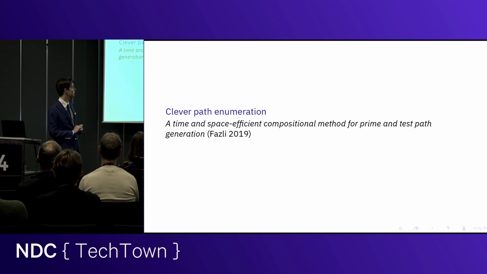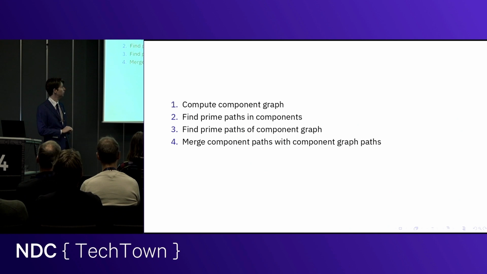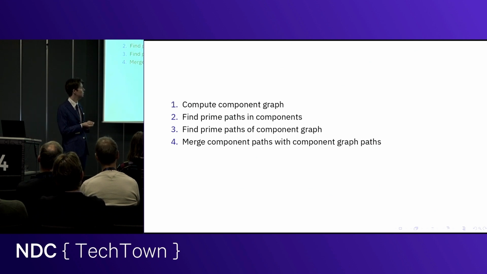It's described in a paper called "A time and space efficient compositional method for prime and test path generation." So in there, what we do is we compute the component graph of the CFG, the control flow graph that we saw earlier. We find the prime paths in the components, and we find the prime paths of the component graph by brute forcing. And then we do some clever merging of those.